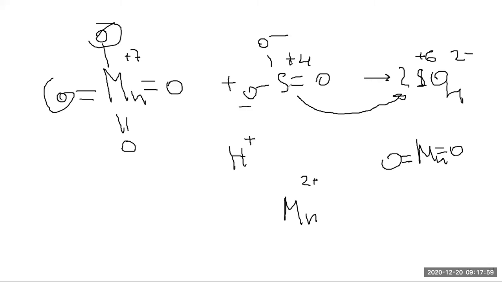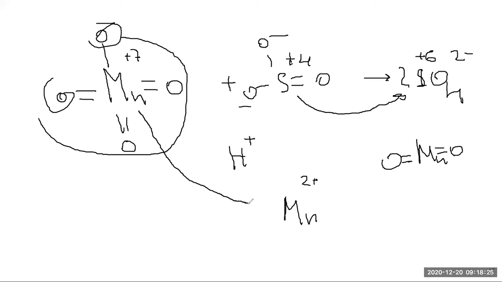And oxidation occurs due to the reaction with permanganate, which is an oxidizer. So the oxidizer oxidizes something, and the oxidation state of this species increases. In this process, the oxidizer is being reduced. So this process, when the oxidation state goes down, is a reduction.